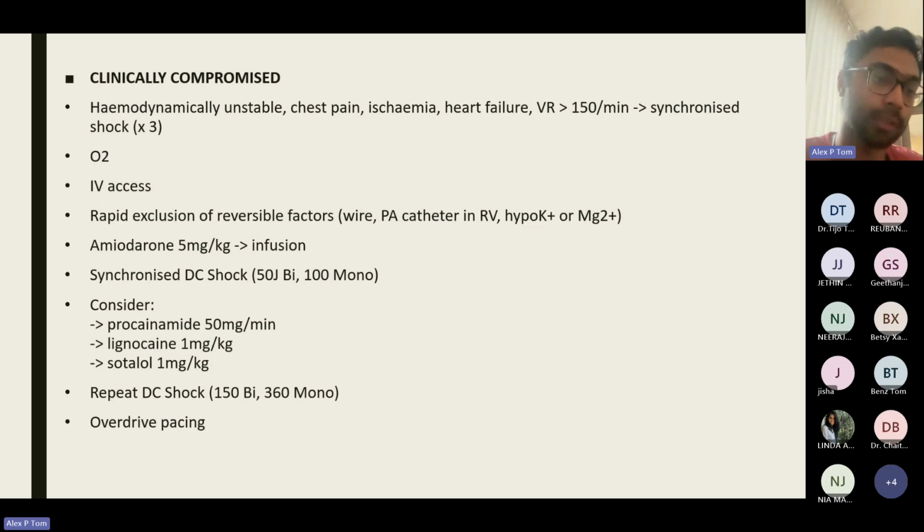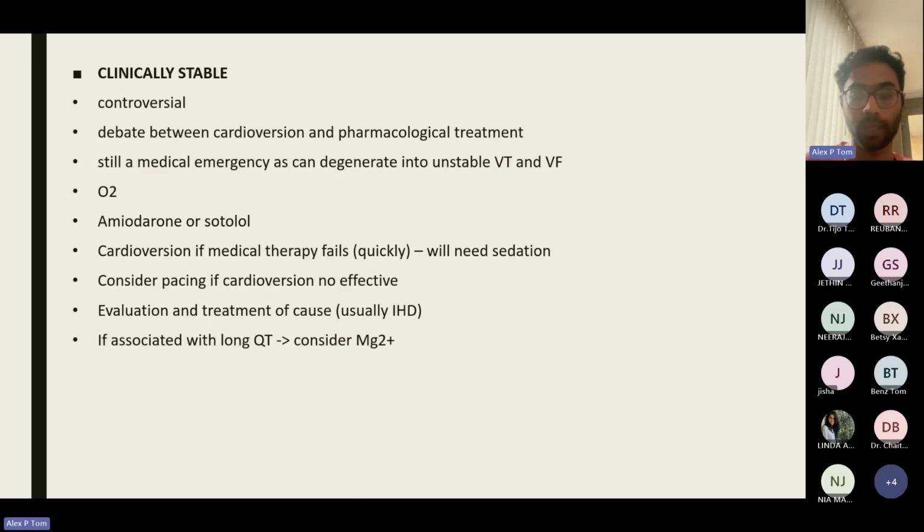I think the choice would be based on clinical scenario and from clinical experience and expertise. I personally think giving the DC shock would be better, but I think Chaitanya Sir can help us with the dilemma around here. Synchronized cardioversion, increasing from 50 joules to 100 joules slowly, one after the other. That's mainly about the management of VT.